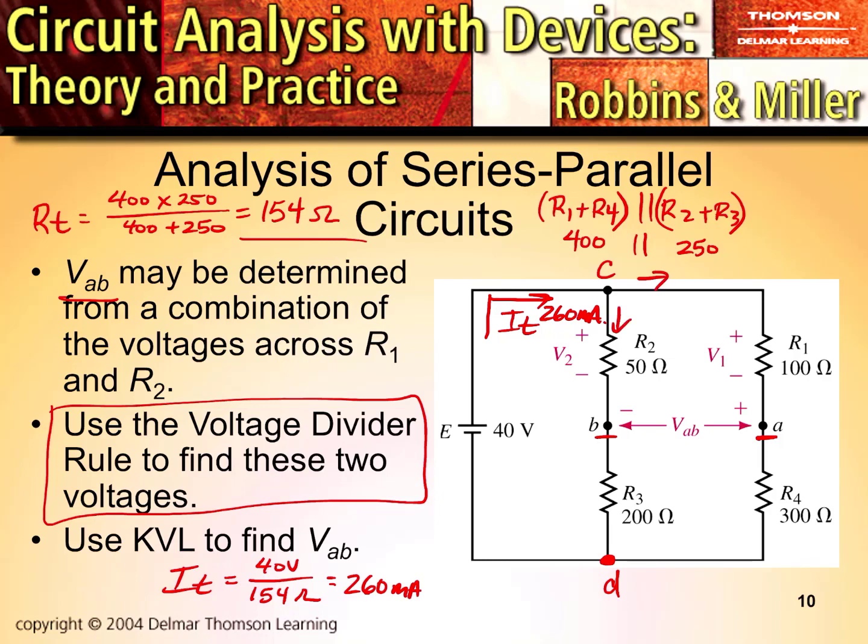And what's going to determine those branch currents? Well, simple Ohm's law. Remember, we have 250 ohms of resistance here that's connected right across that 40 volts. So that means that I1 will equal 40 volts divided by 250 ohms. I2 will equal 40 volts, it's the same voltage, divided by 400 ohms.